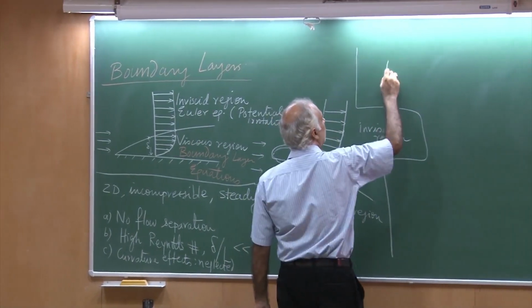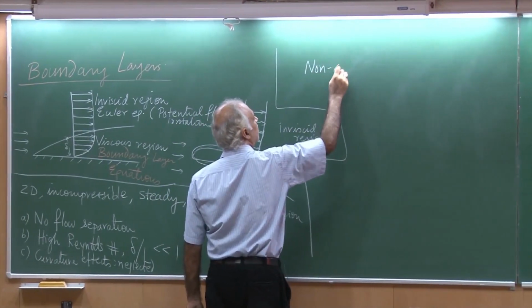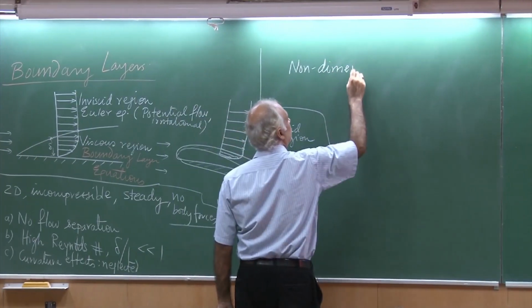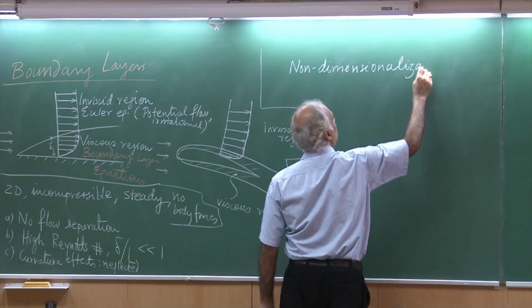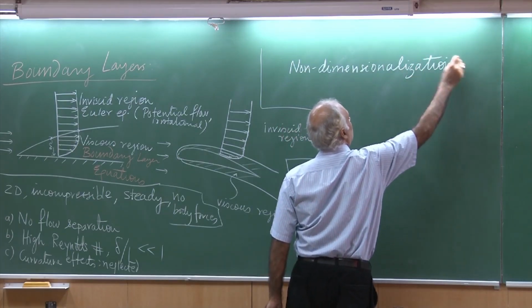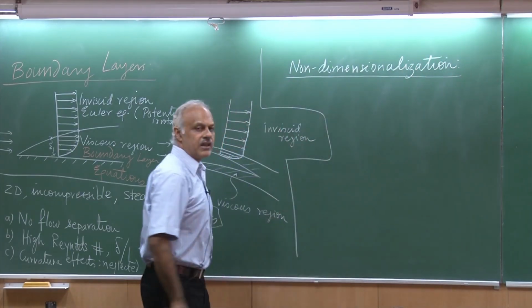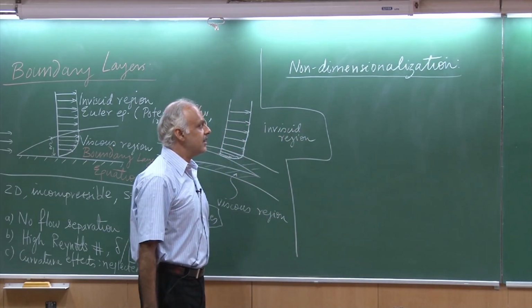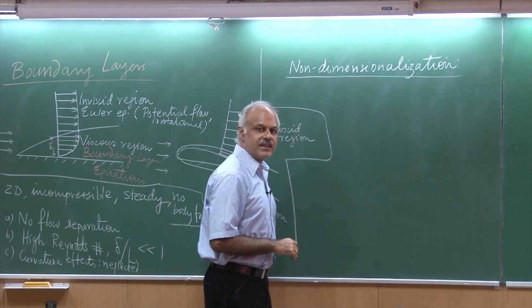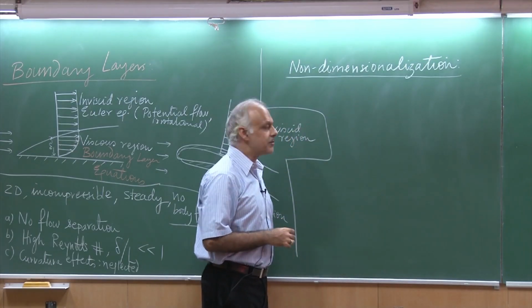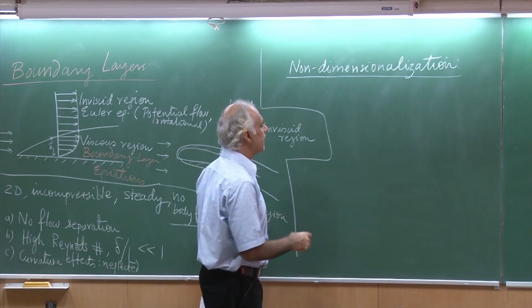So we will use what is called non-dimensionalization. We've done this many times before. And part of what I have done today, we have done in an earlier session, but no harm in repeating that to drive home the point.